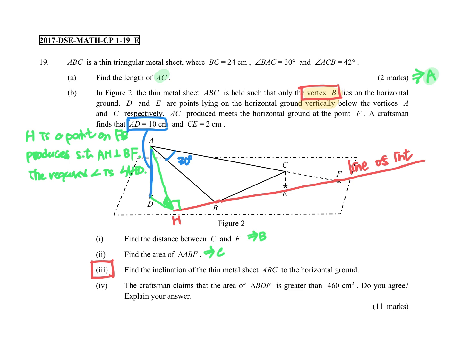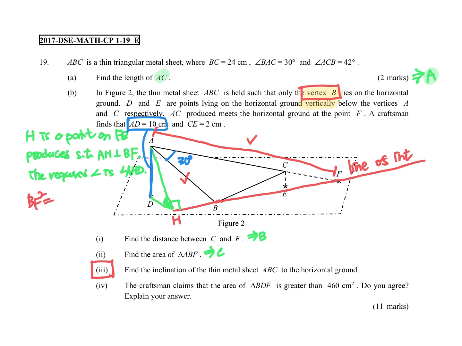First of all we need BF. Don't forget AB, we have the answer from the previous part, and AF we also have. So we make use of the cosine formula to find BF first.